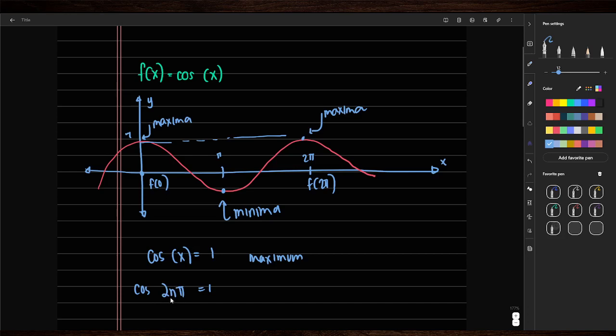When n is equal to 1, this becomes 2 pi. And if n is equal to 2, this is your 4 pi, which is still equal to 1. So that is a series of values of your maxima. And the same goes with your minima.